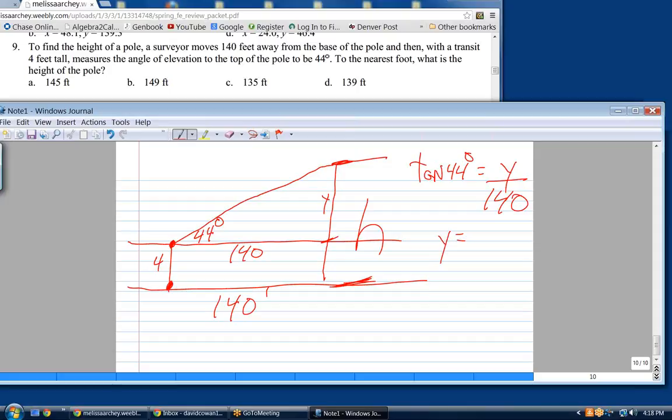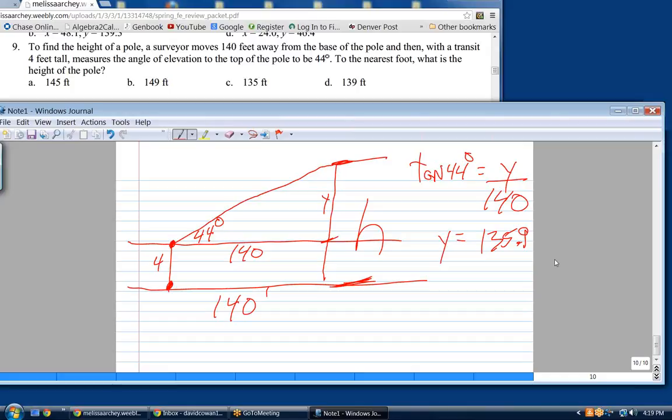Okay, so then it comes to 0.83. No, take the tan of 44 degrees. What's the tan of 44 degrees? 0.96. Okay, now multiply that by 140. What do you get? 135.96. Okay, so there's y.